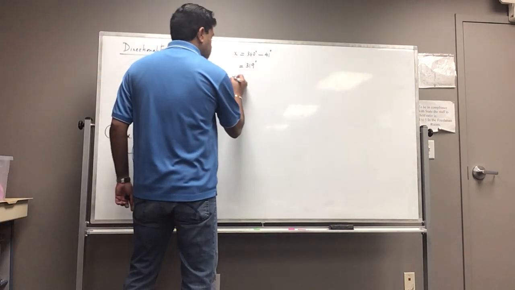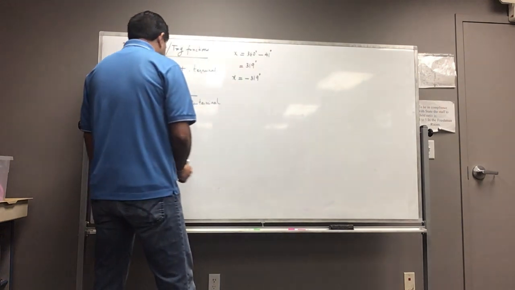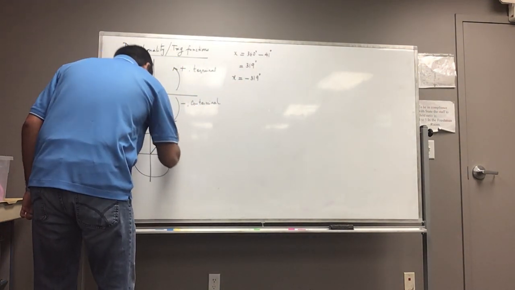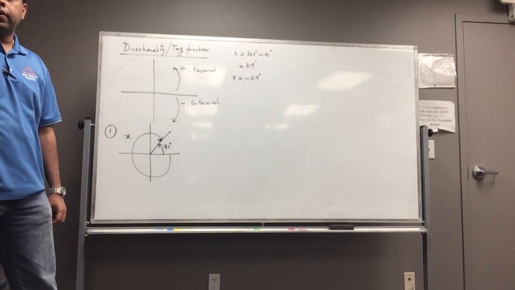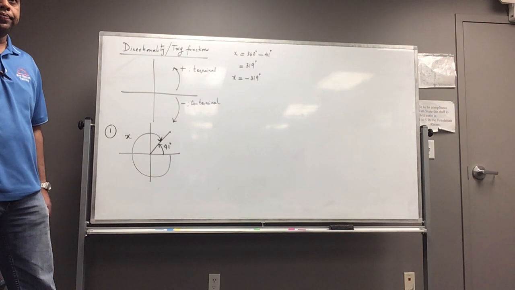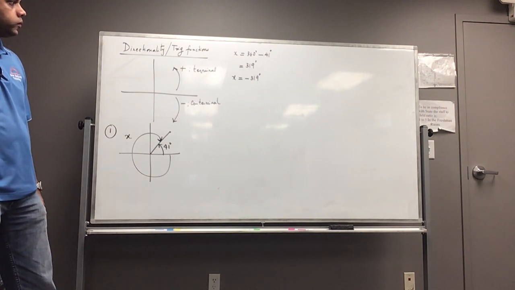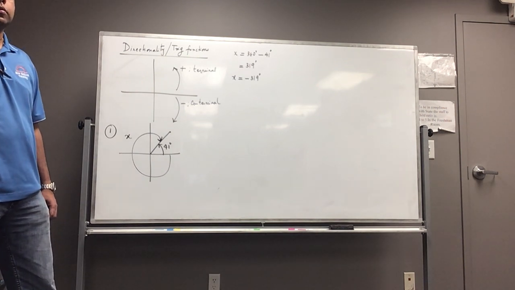So x is minus 319 degrees because of the directionality. Make sense? Cool?